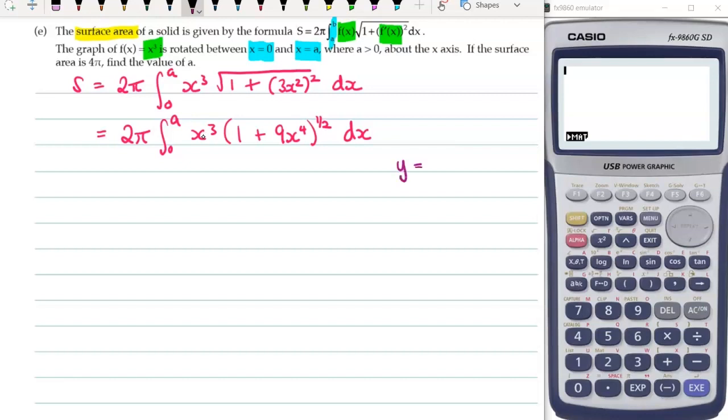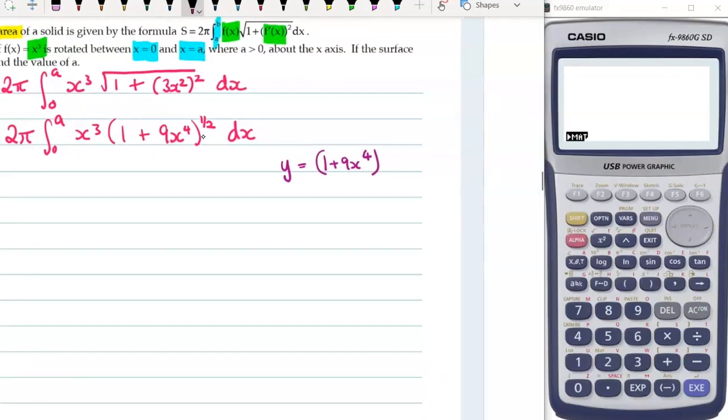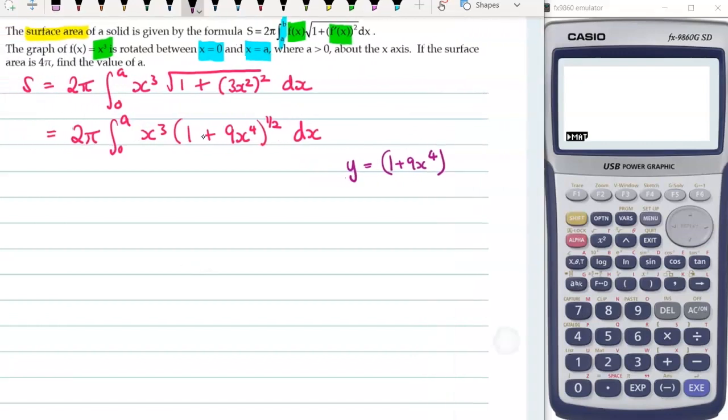So if y was equal to (1 plus 9x to the 4), and we raise the power of a half by 1, we would have 3 over 2. If I was to then do dy by dx, the 3 over 2 would come down, and it would take a power off of that, and it would be a half.